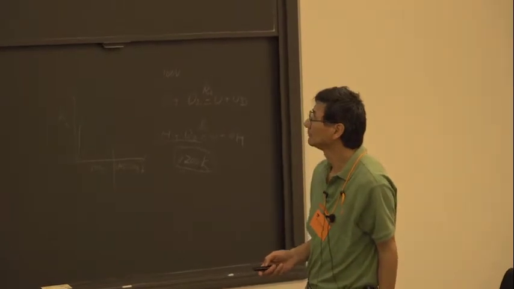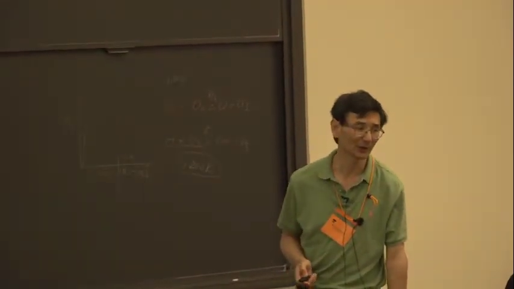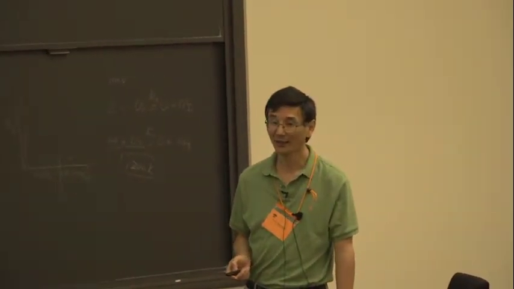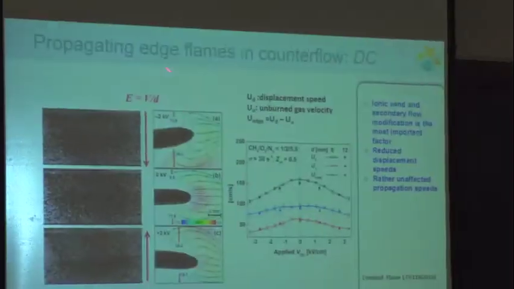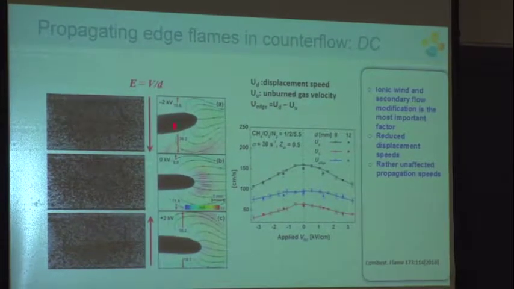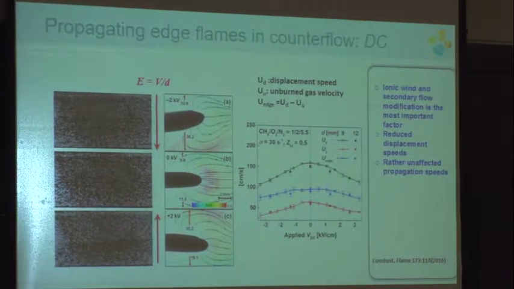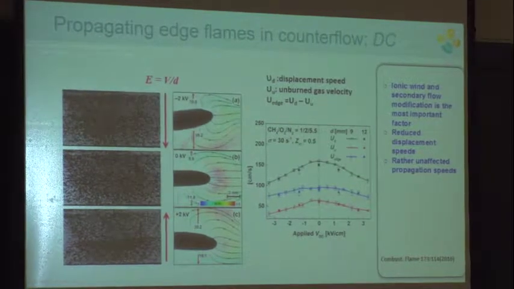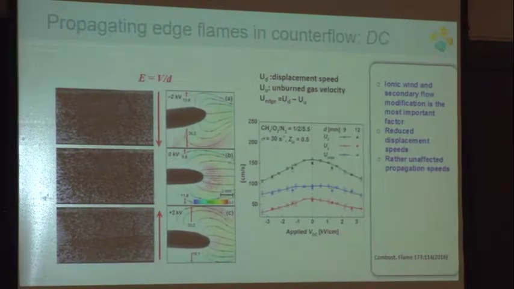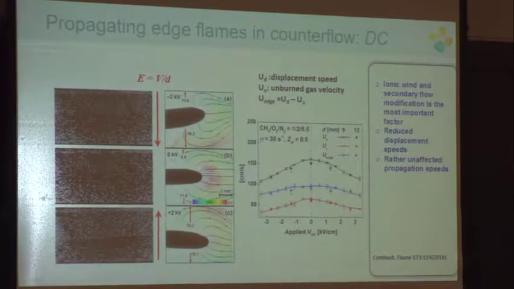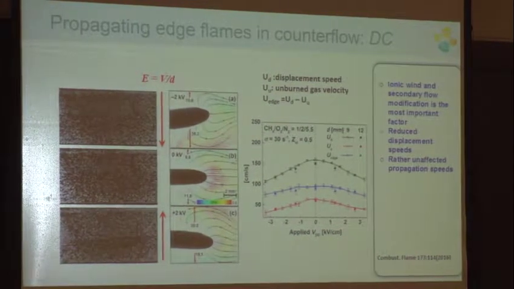And for this, people really don't know what the effect is. Then what he measured: he is a very careful person, and he also measured the electric field. He probably computed or measured it, and then he measured 3 different speeds. One is the displacement speed, which is the flame motion in the channel.